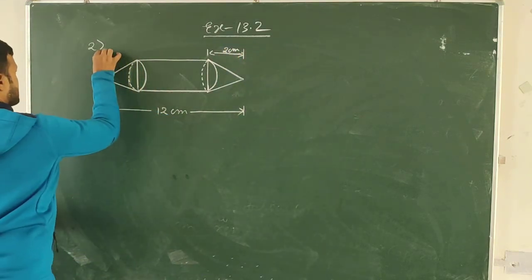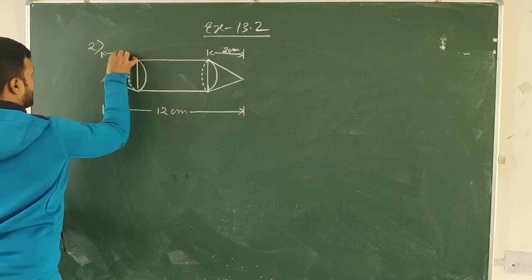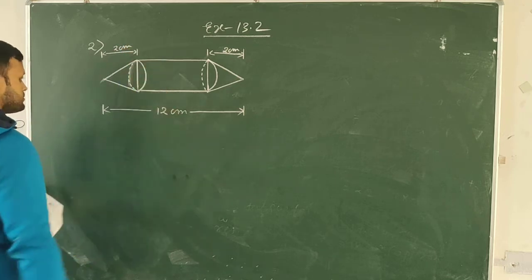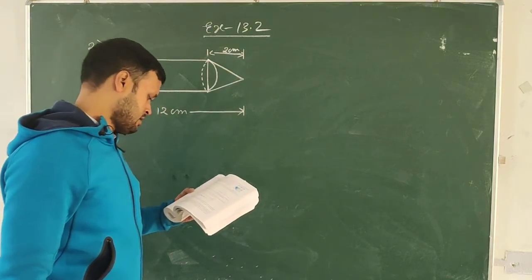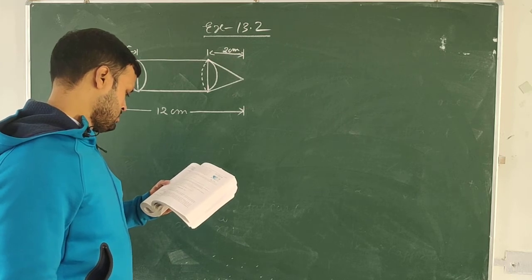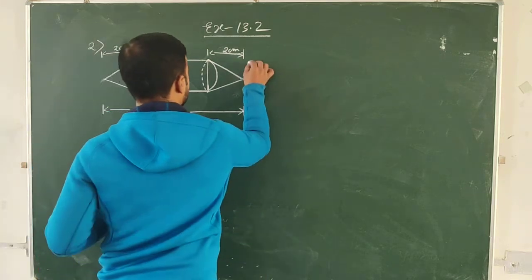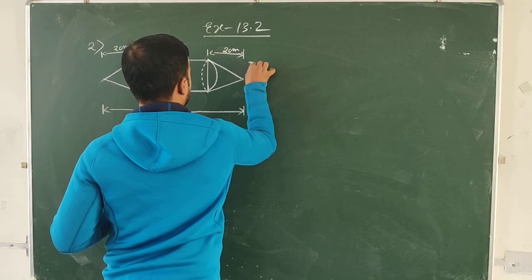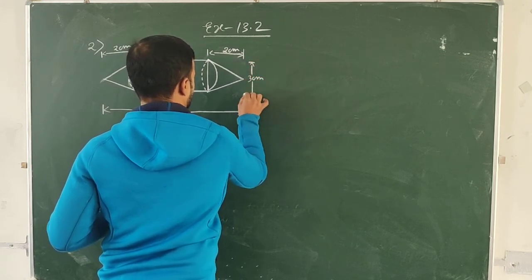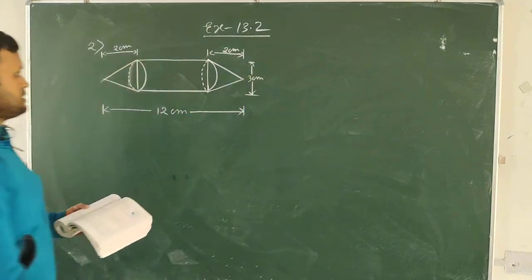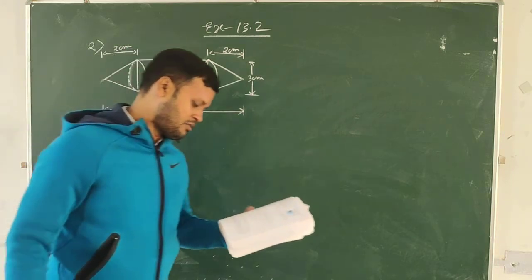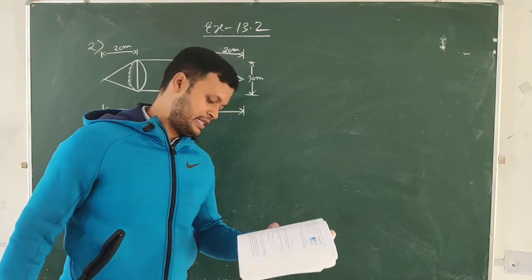This side also 2 cm, and the diameter of the model is 3 cm. So we have to find out what is the volume of air in the model that Rachel made.